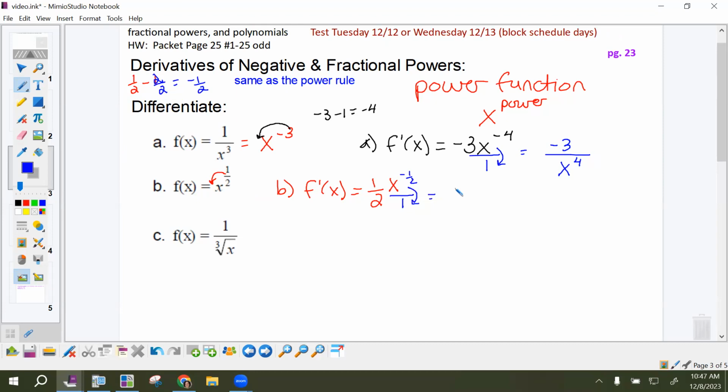That has to move back to the denominator. So this 1/2 power will move to the denominator with the 2. And then I can make this look a little bit nicer. A 1/2 power is a square root. So really what we started with here is the square root of x. So the derivative of the square root of x is 1 over 2 root x.